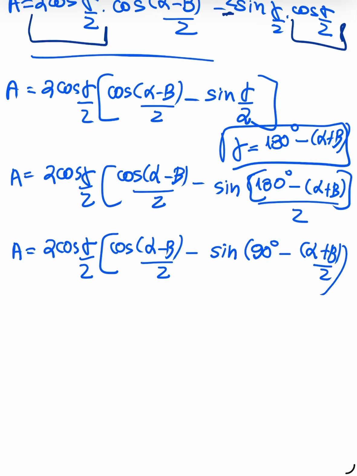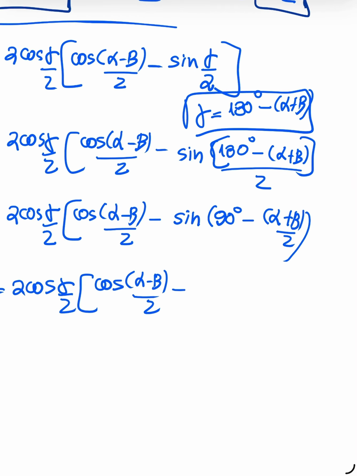And now, again, 2 cosine gamma divided by 2 times cosine alpha minus beta divided by 2 minus, we are using the property that sine of 90 degrees minus alpha is equal to cosine alpha. We apply it here, and we obtain cosine of alpha plus beta divided by 2.